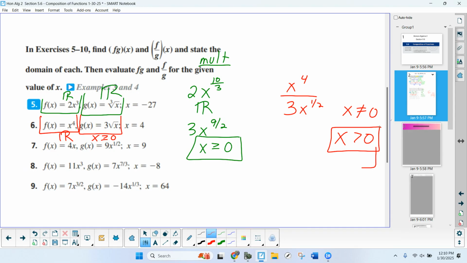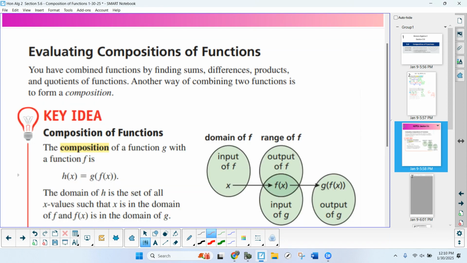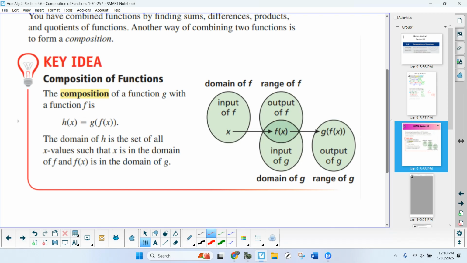So yesterday we talked about adding, subtracting, multiplying, and dividing. There is one more operation we can do with functions, and this is called composition of functions. Okay, composition of functions. And I think this is way more confusing than it needs to be.